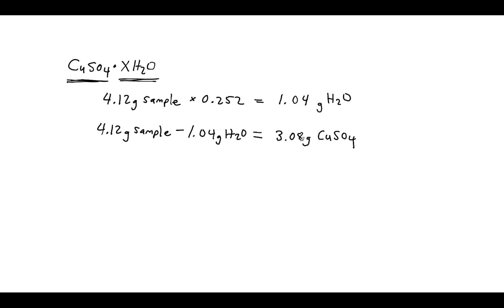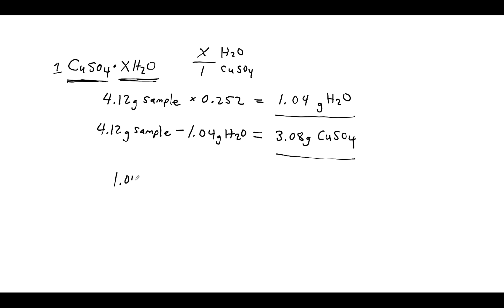So what we have here is all the tools that we need to actually determine the formula of this hydrate. Because what we can do is convert each of these values into moles and then do a mole ratio between the H2O and the copper sulfate. Since we just have a 1 over here, there must be an X to 1 H2O to copper sulfate ratio, right? XH2O to 1 copper sulfate. So let's go ahead and convert our water into moles.